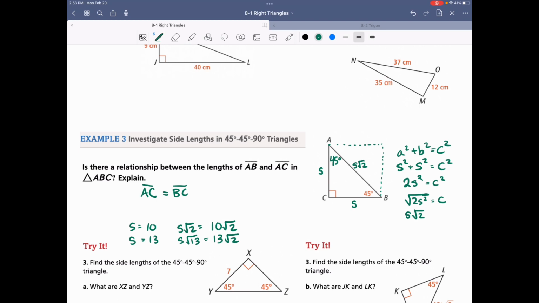So AB is equal to s square roots of 2, where AC is equal to just the side s.